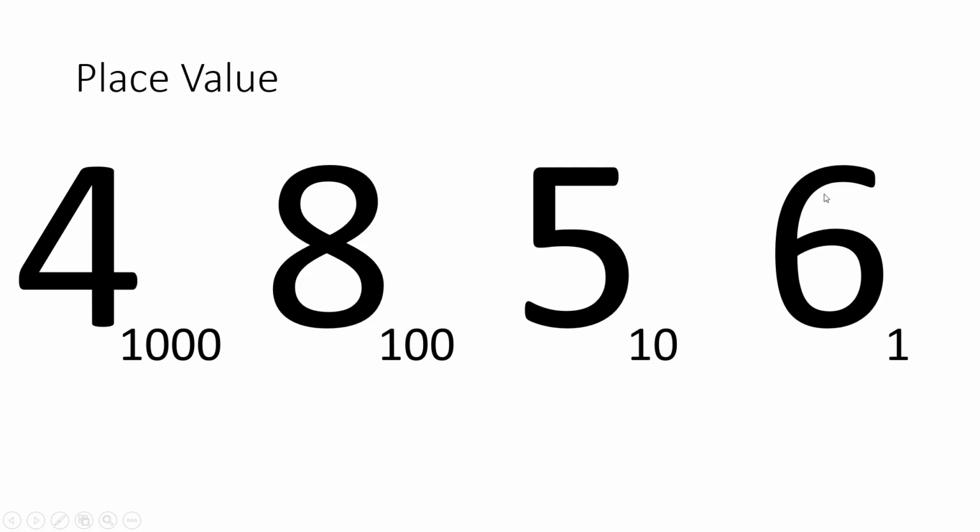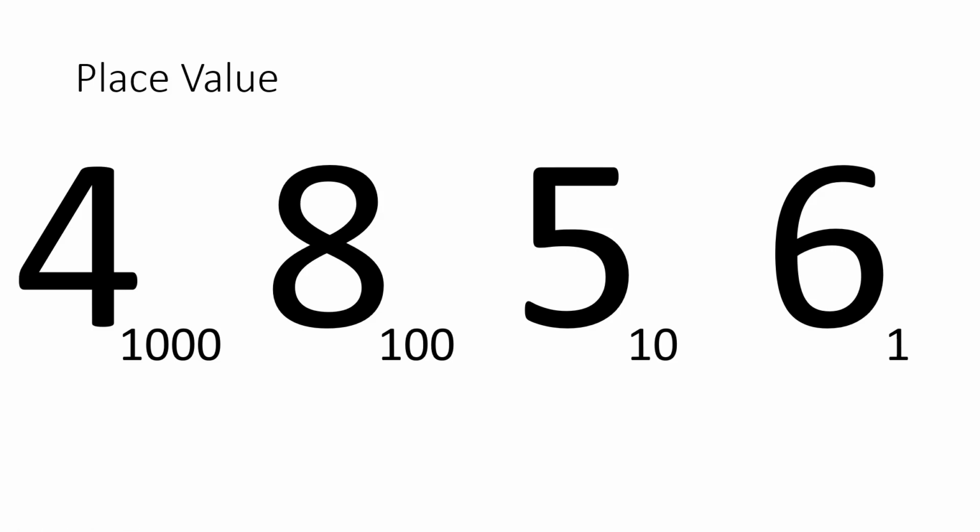So how do we read this number? It is 4856. Just remember that whenever we are reading a number, we read from left to right. So, understood? The numbers written below are known as the place values of the digits.